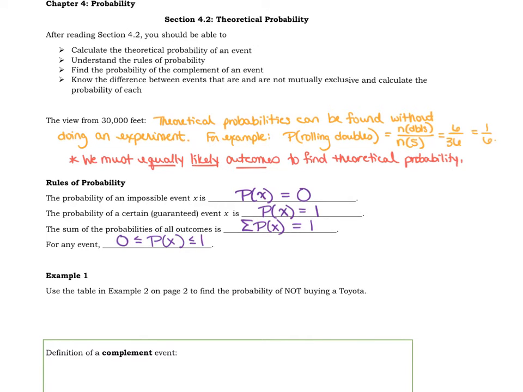So if you calculate a probability and you get a negative answer, that's wrong. And if you get an answer bigger than 1, it's wrong. I don't know what you've done wrong necessarily, but I can definitely tell you it's wrong, and you should make note of that as well. Your answers have to be between 0 and 1.